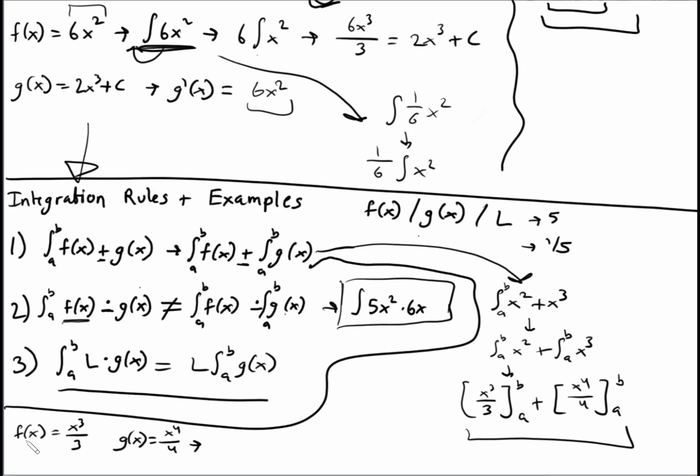So taking the derivative of both these functions, you're going to get 3x squared over 3, which just gets you x squared, plus 4x cubed over 4, which just gets you x cubed. So this becomes x squared plus x cubed, which, as you notice, is the same as the original function over here. So I don't have time to go over the multiplication one, but now that you know the basic format of an integral, you can try to do this on your own.